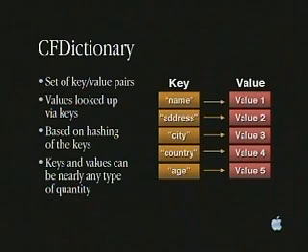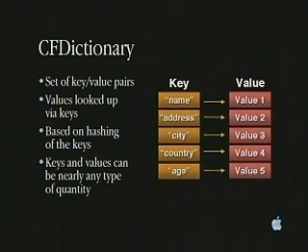In the diagram, the strings are being used as the keys. If I asked for the value with the name key, for example, at the top there, the dictionary would return me value 1. A CF dictionary is somewhat like a struct in C, although you don't want to go and change all your structures in your C code to use CF dictionaries.